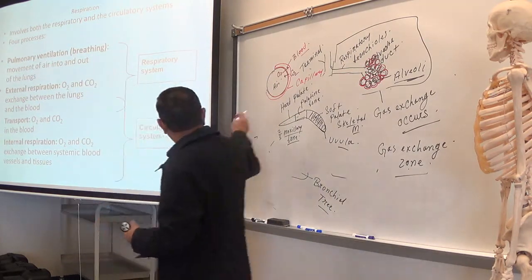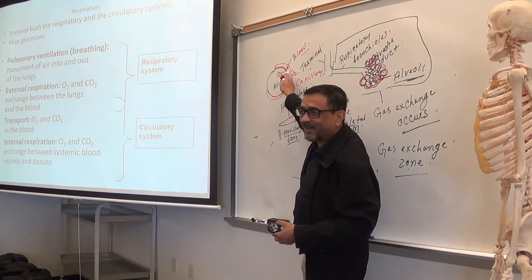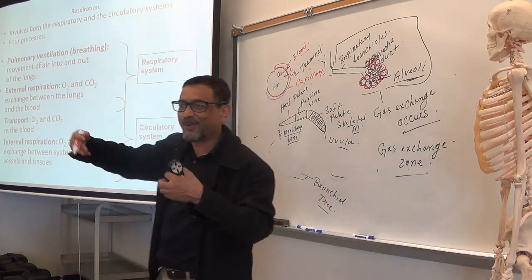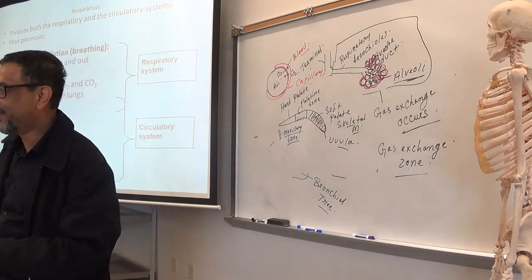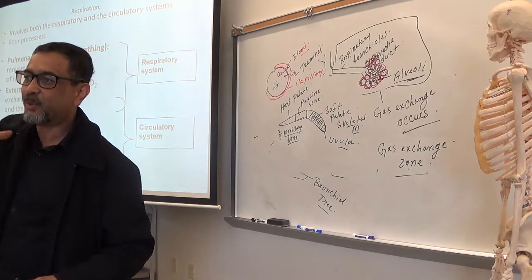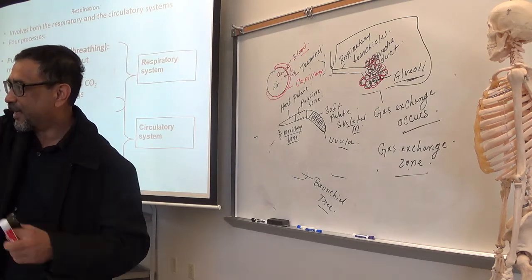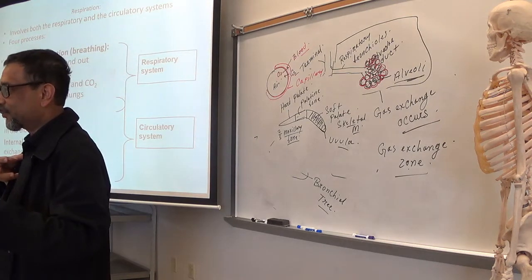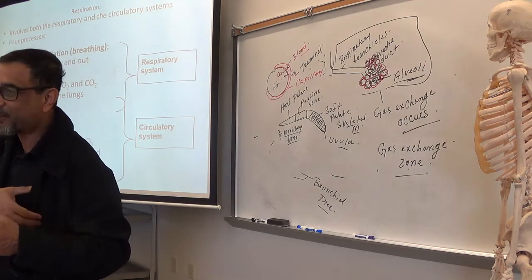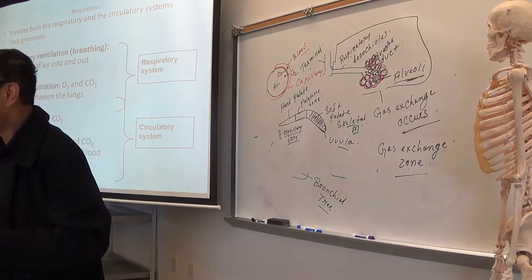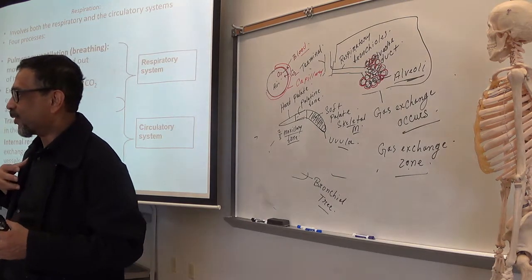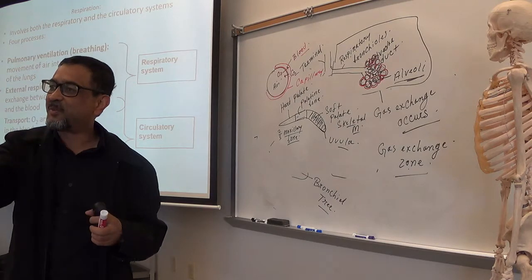Now what happens after the blood gets oxygen? Let's go back to the cardiovascular system, you have already finished, right? Blood goes to the lung to get the oxygen. Now the blood got the oxygen, it gets back from the lung to the heart. Which chamber of the heart receives oxygenated blood?